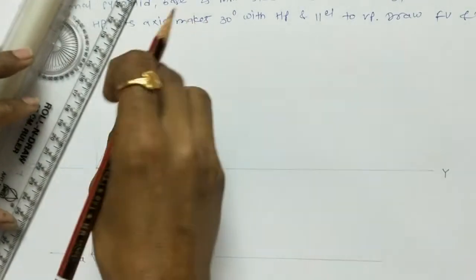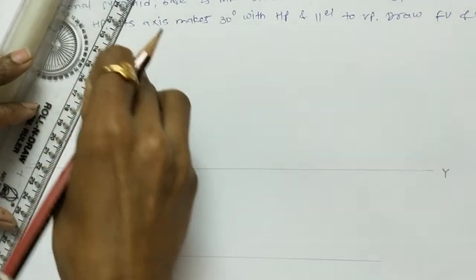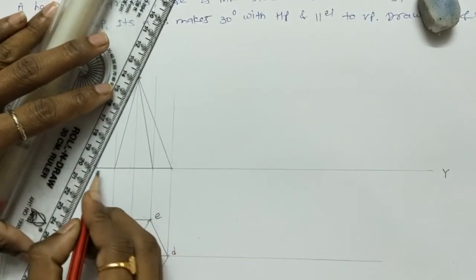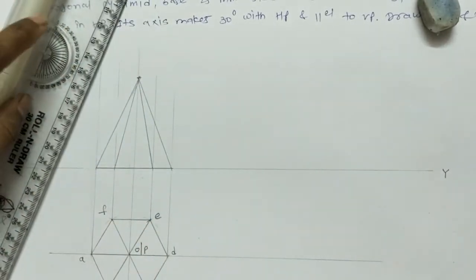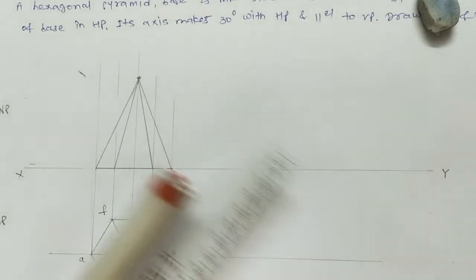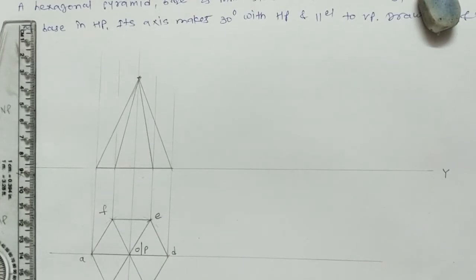This line I have drawn wrong. So rub it out and draw again. Like this. Now give names to all these points.